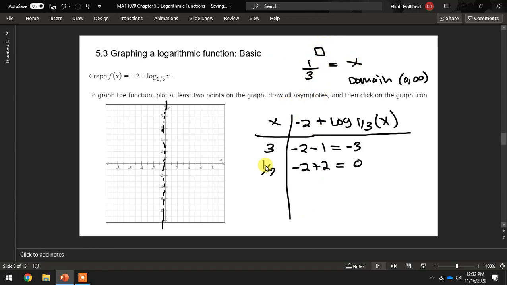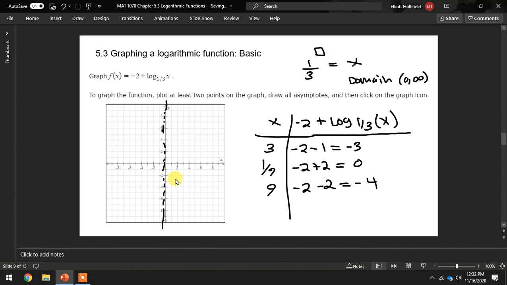Let's see, what if we picked x is equal to 9? Now, 9 is equal to 1/3 raised to what power? Well, it'll have to be negative, and it'll have to be squared. And so it'll have to be -2. So we need to do -2 minus 2, which is equal to -4.